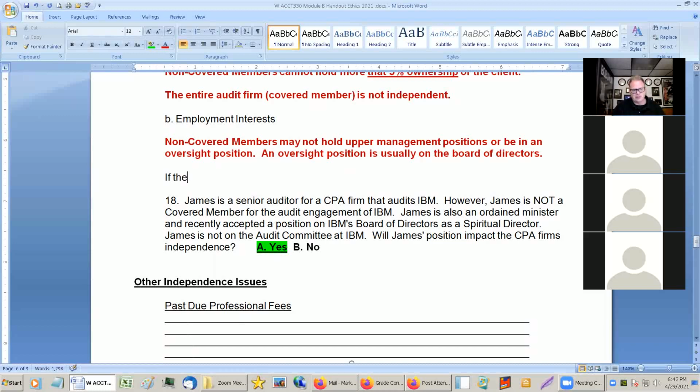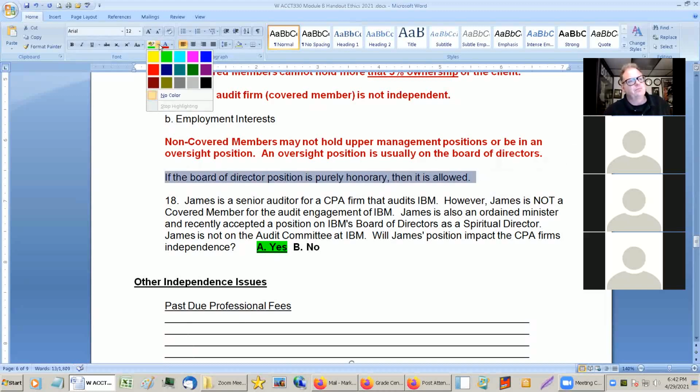If the board of directors position is completely honorary, that's allowed.